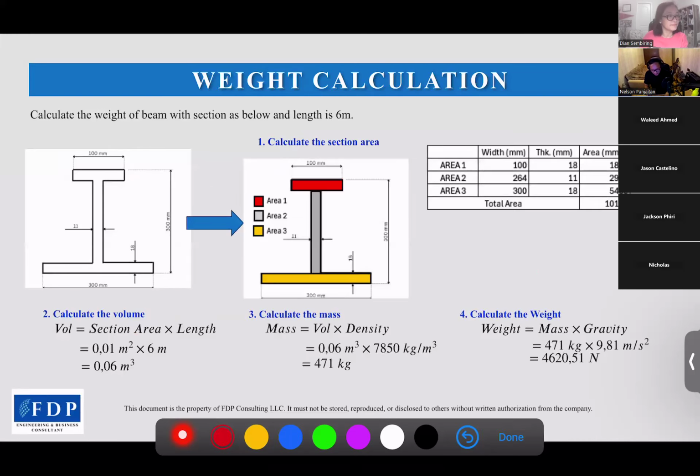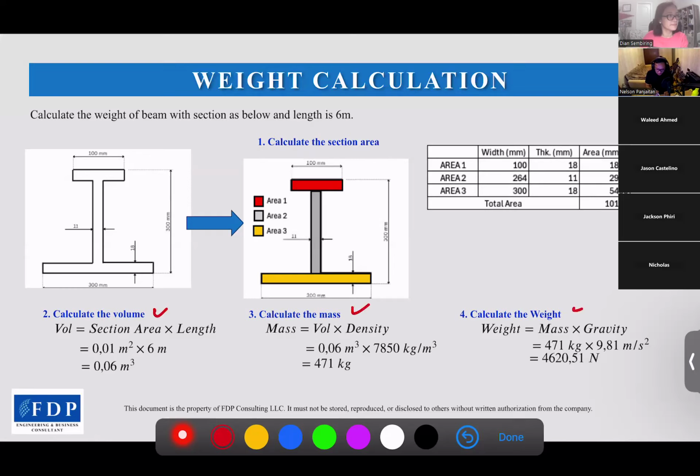The third example, the other example is if we have a beam like this, how to calculate the weight of this beam? It's the same process as before. We just need to get the volume, mass, and then we can calculate the weight.